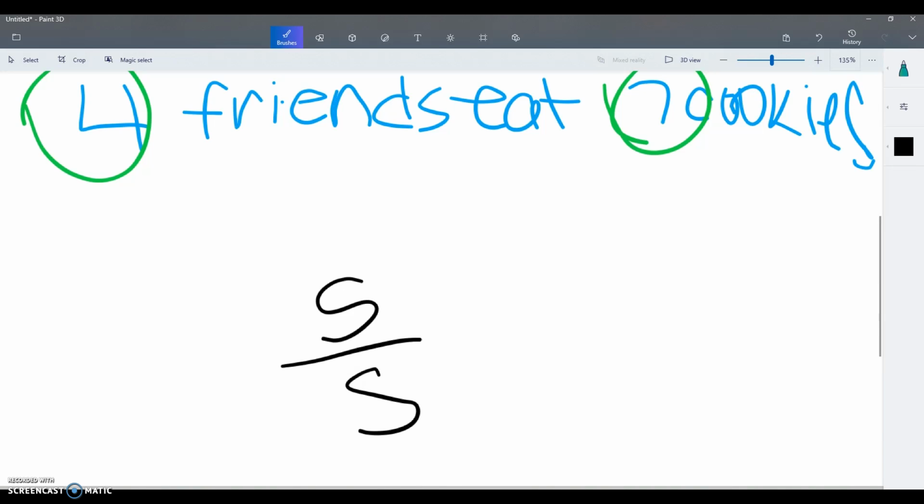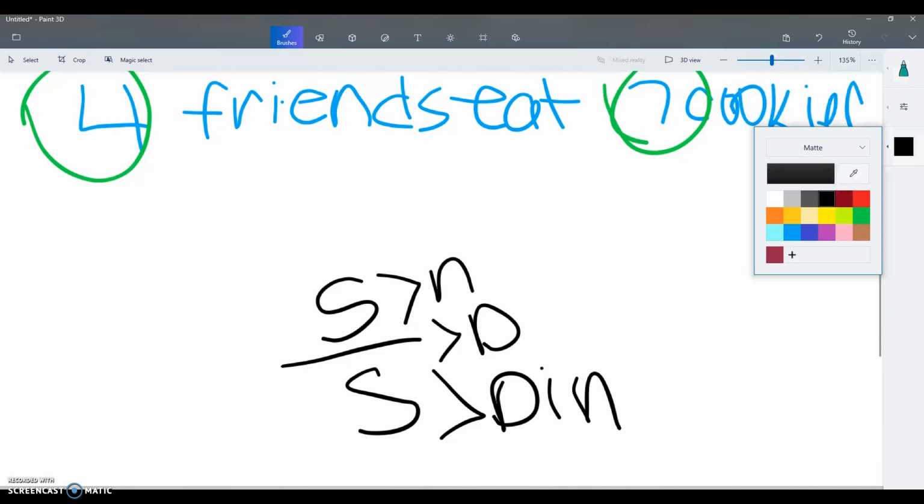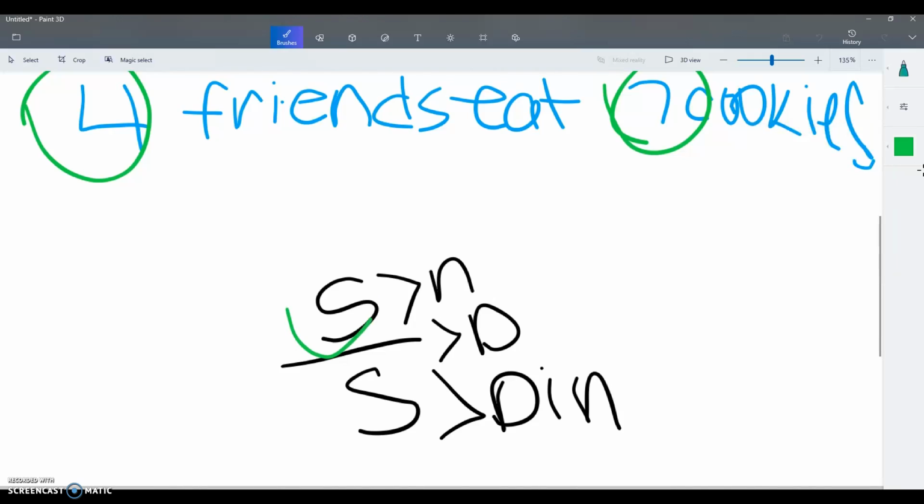This would be your numerator, and this would be your divide, and this would be your denominator. That's where your fractions go. The numerator right here.